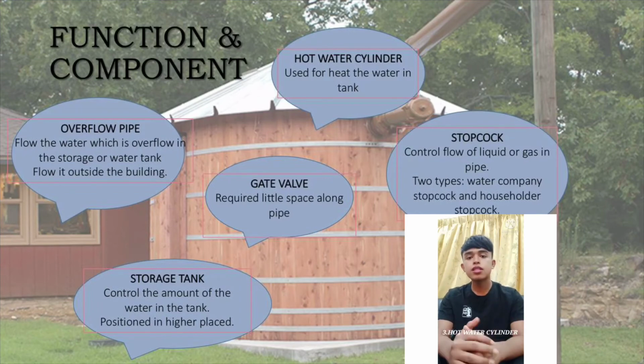Number 3 is the hot water cylinder. It is a machine related to the water system that provides hot water for water points, like the sink and bathtub. Number 4 is the storage water tank. It is the main system of the property, and it is usually positioned at the highest place of the property.